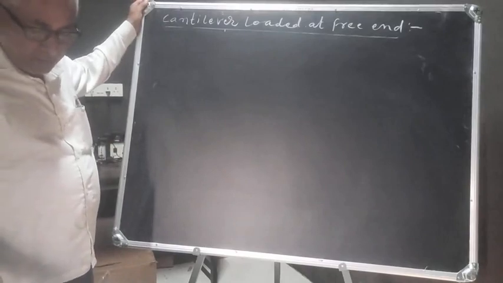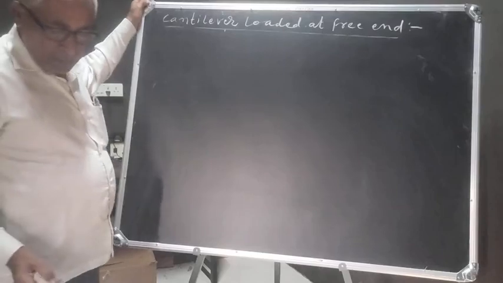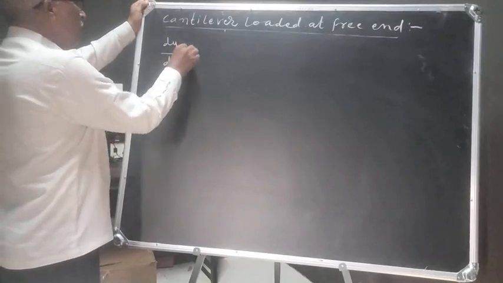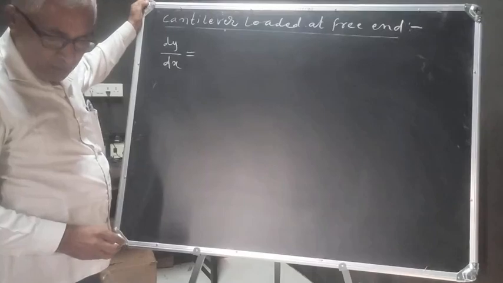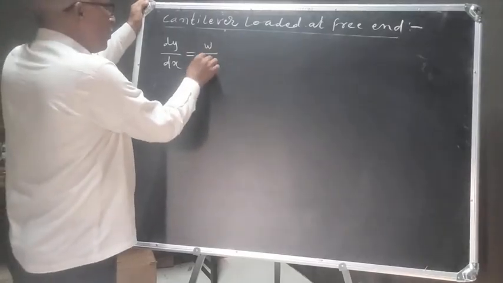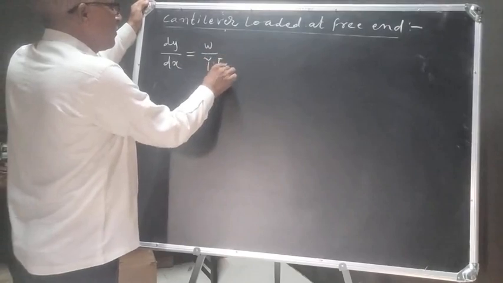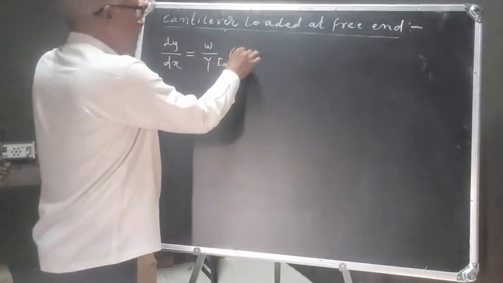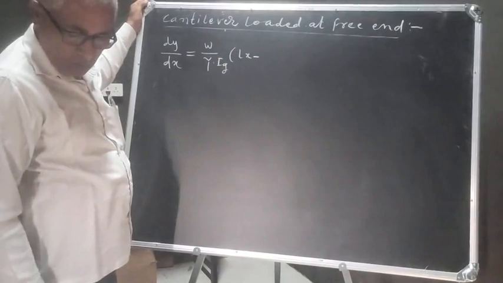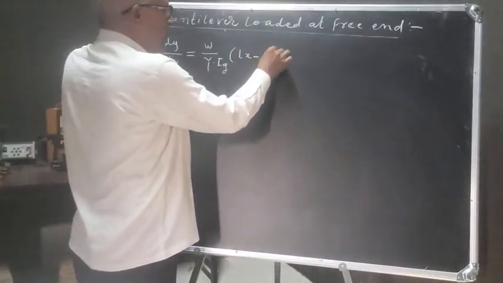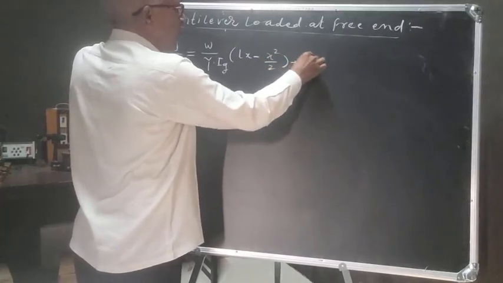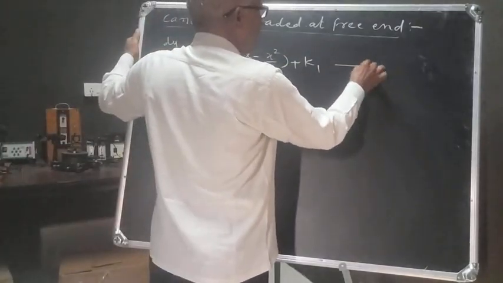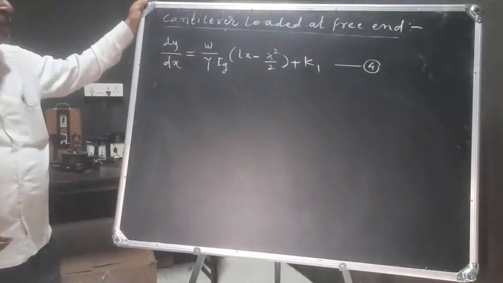That equation is dy/dx equals W upon Y into Iz, into (Lx minus x square by 2) plus k1. Up to this step, we have derived this equation in the previous period.